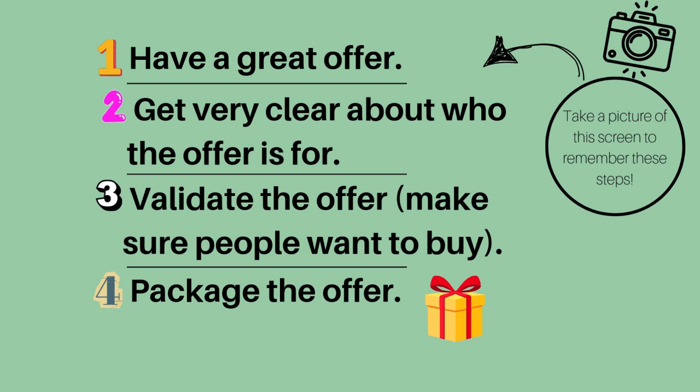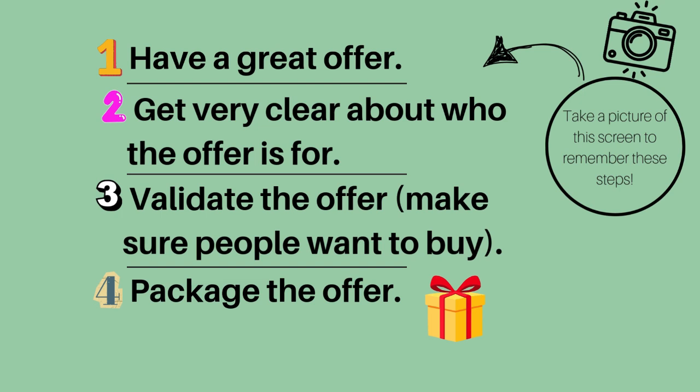So let me go through the steps that we need to take to get to that point where you're getting so many leads from your ads. Okay, number one, you need to have an offer in the first place before you start advertising. Number two, you need to be very clear about who the offer is for. Number three, you need to validate the offer, which means you need to make sure that there are actually people out there who want to buy it before you put a lot of effort into advertising and planning lessons and all of that.